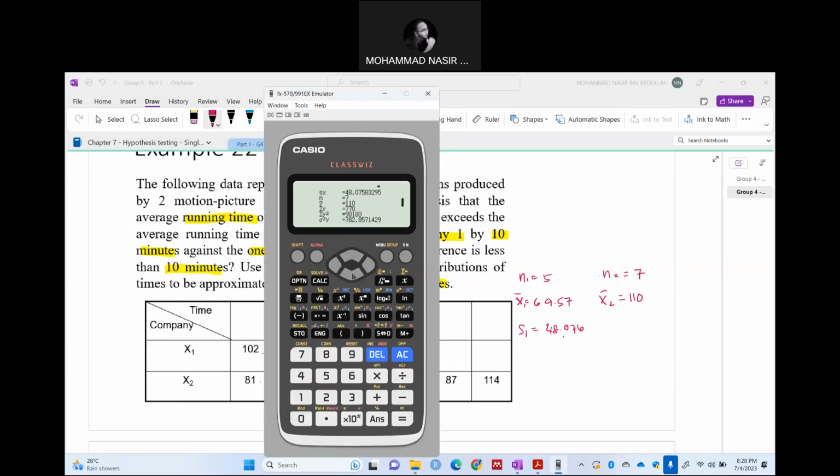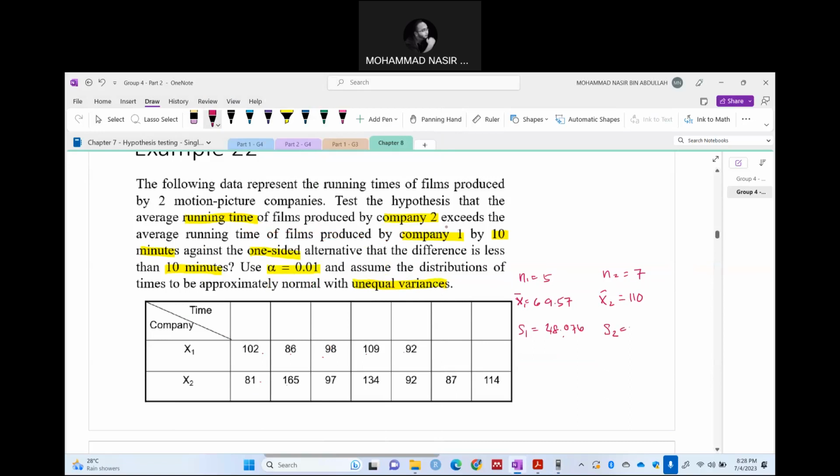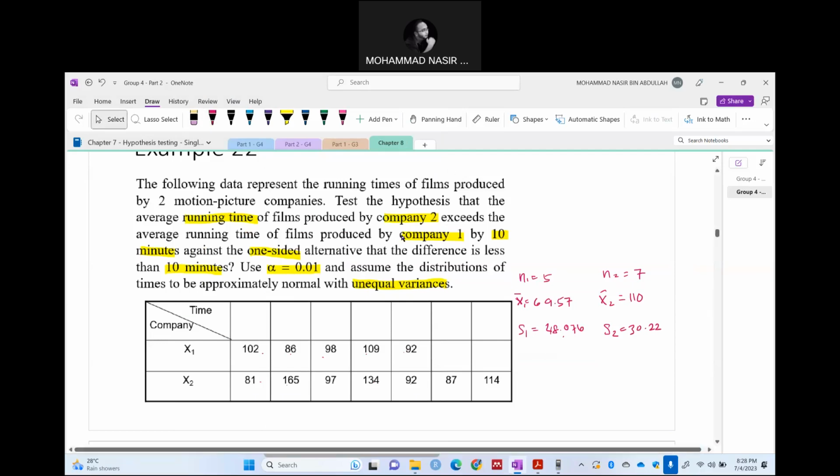And then we need to find SY. SY is equal to 30.22, S2, 30.22. Okay?